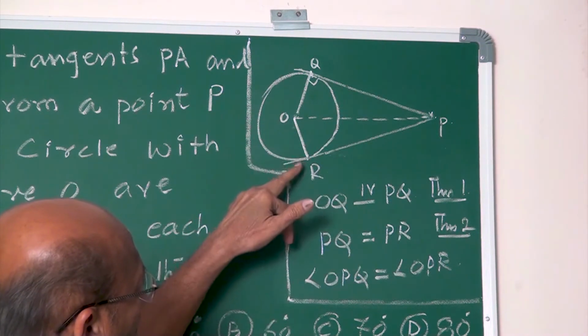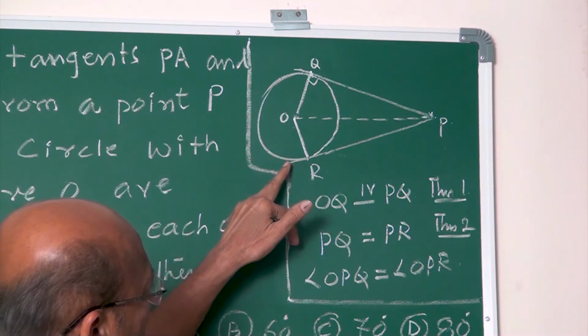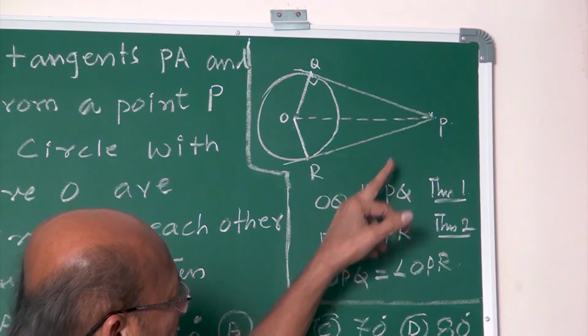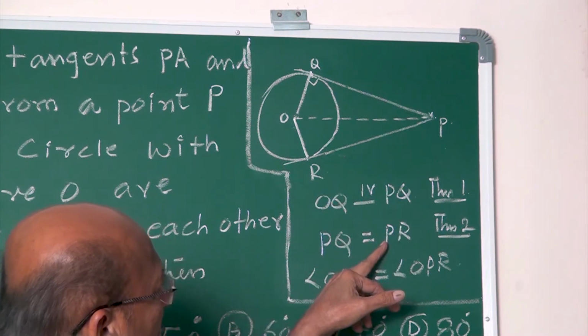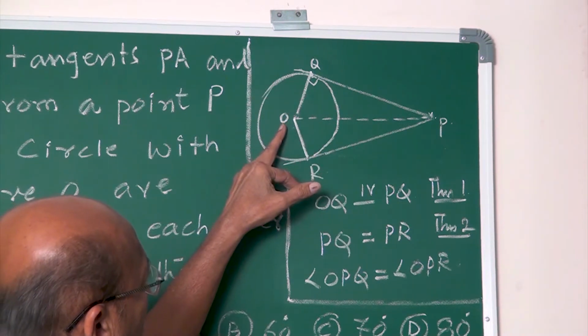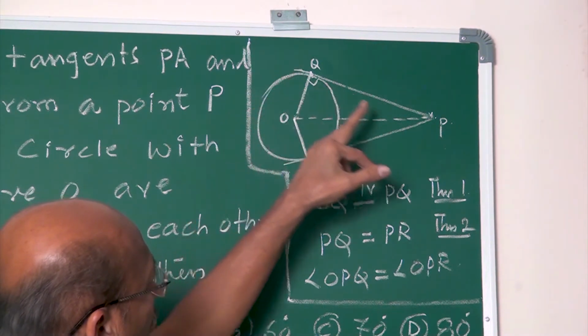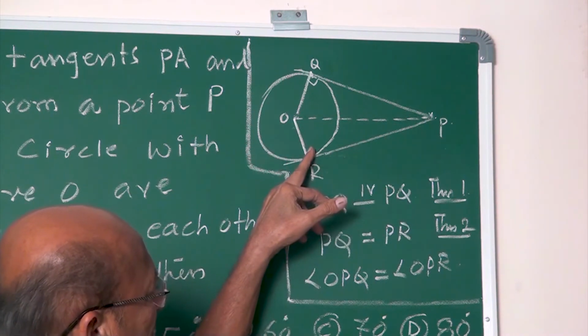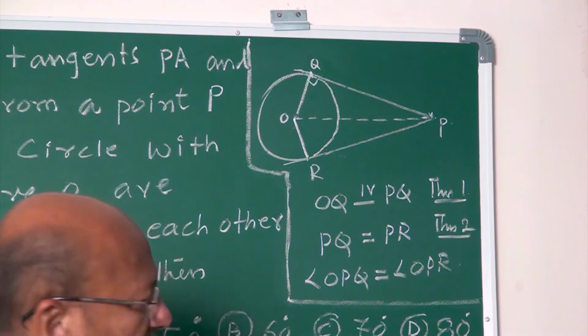Then OR, the second radius, is perpendicular to the tangent PR. Therefore, when it is perpendicular, we are saying angle OQP is 90 degrees, and ORP is also 90 degrees. This is theorem number 1, my friends.